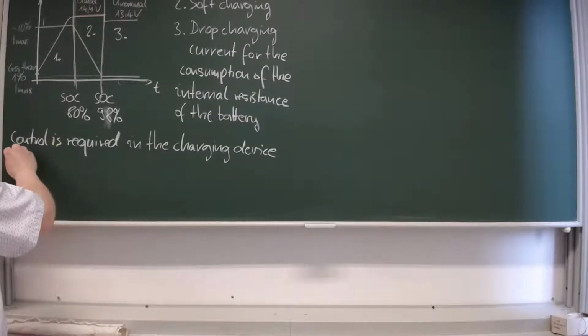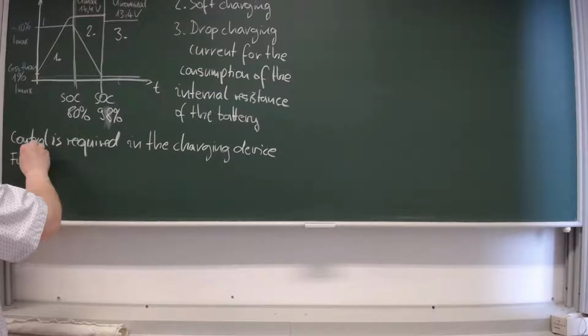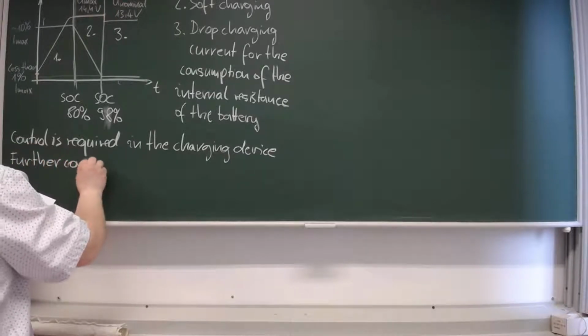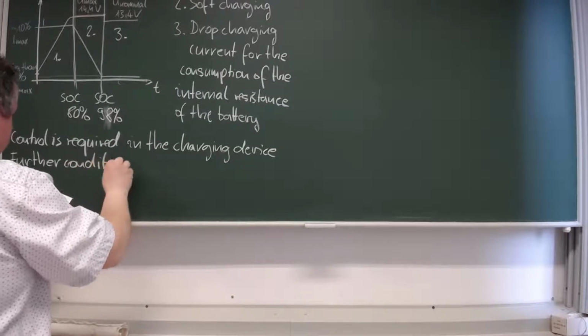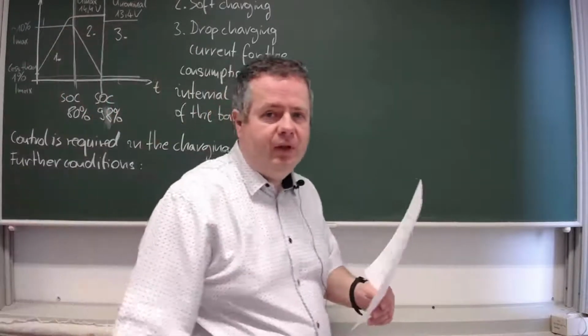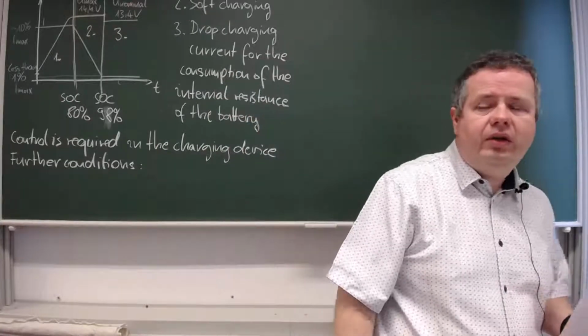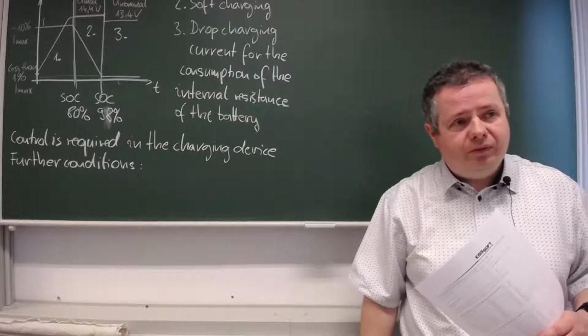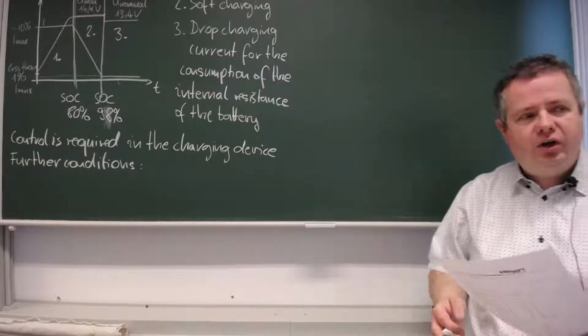And further conditions we were talking about last week. That's the temperature. We've got to check both the temperature of the battery and the external temperature of the place where we are charging the battery.